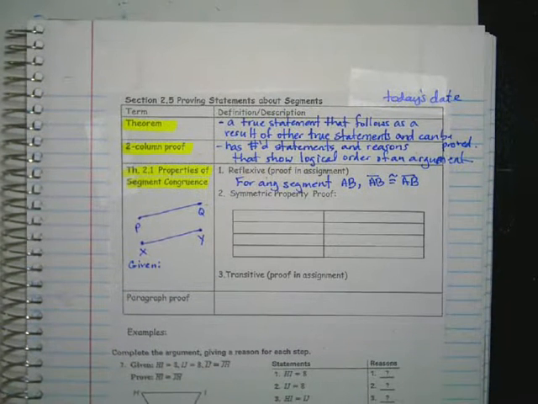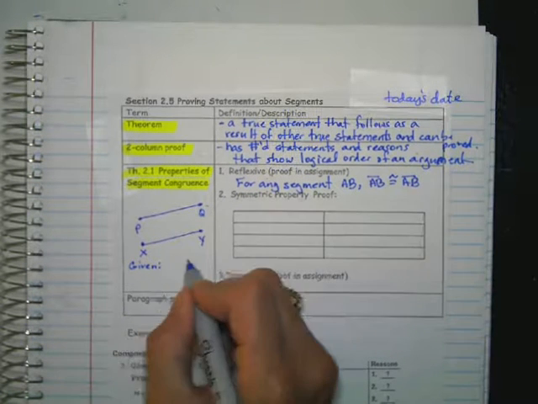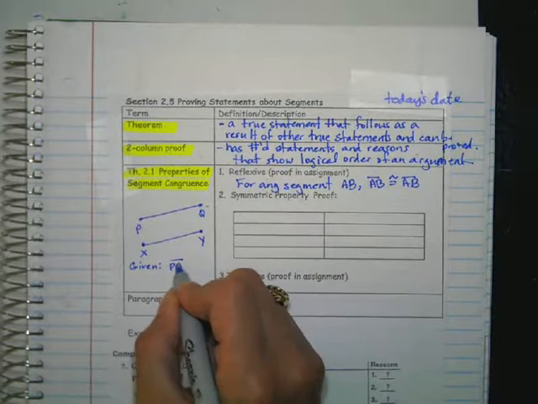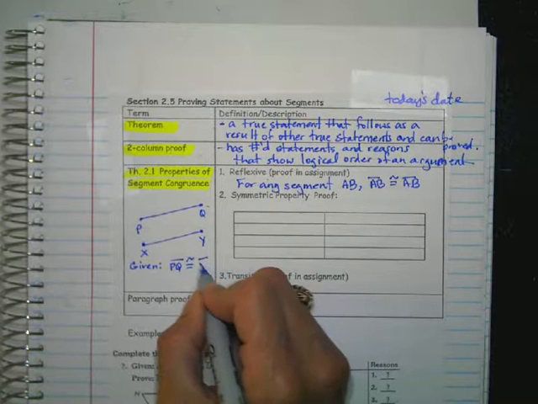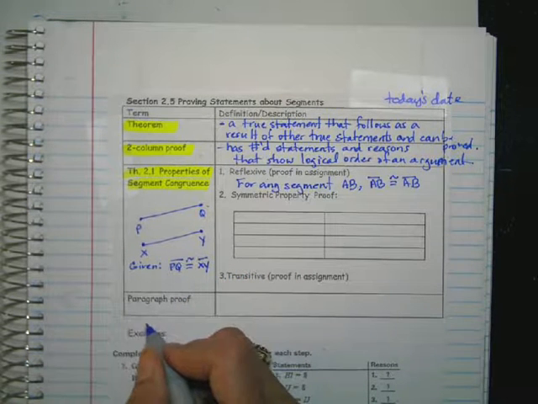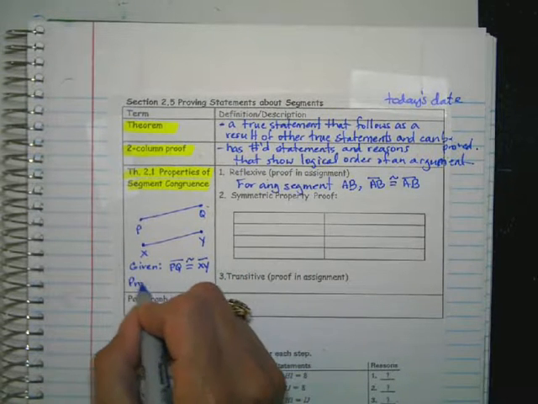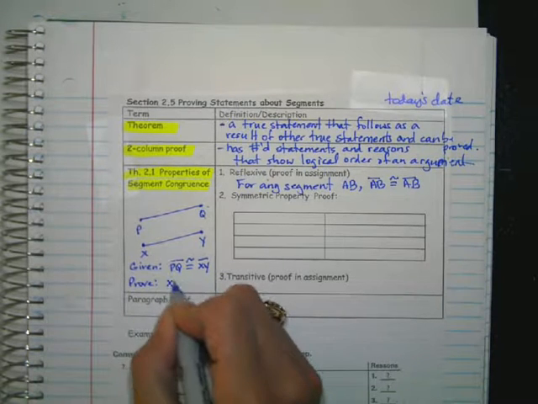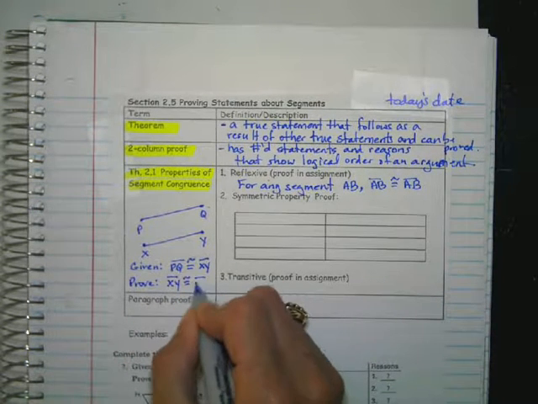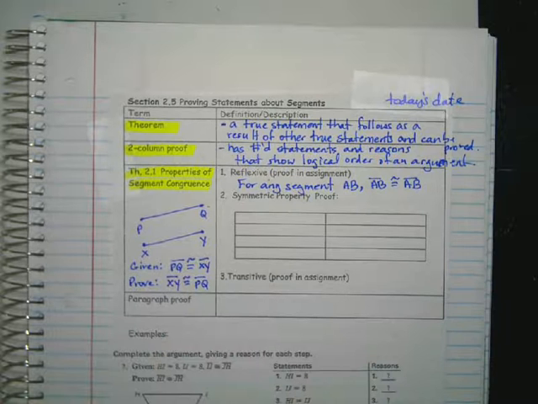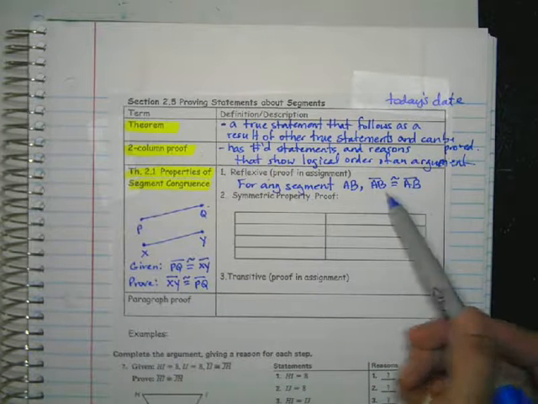The given information is that PQ is definitely congruent to XY. And what we're going to prove is that XY is congruent to PQ. Doesn't that sound silly? Basically that's what the reflexive property is. It's proving that it's congruent to itself.